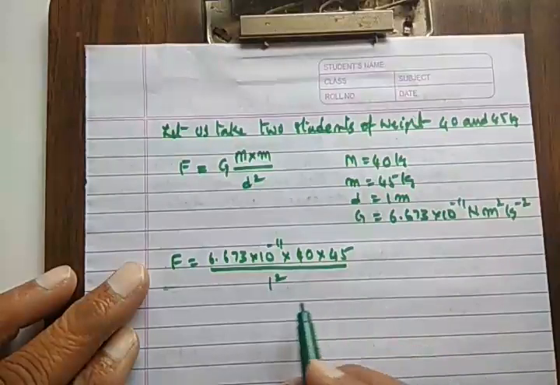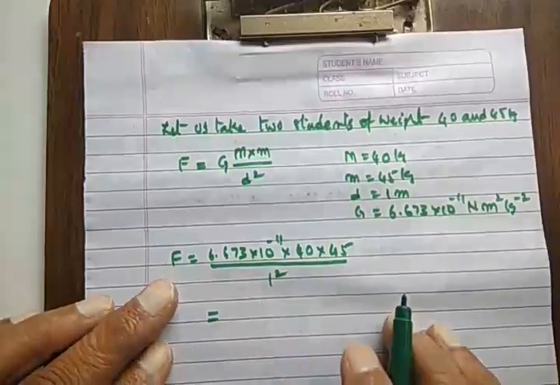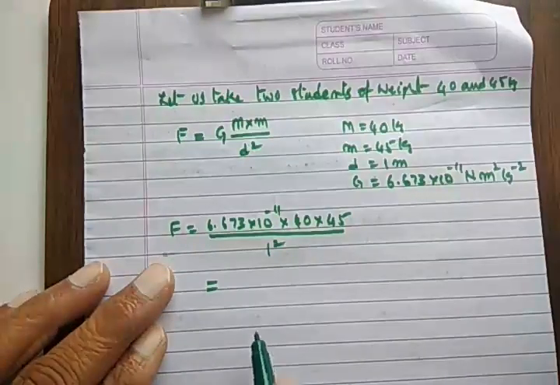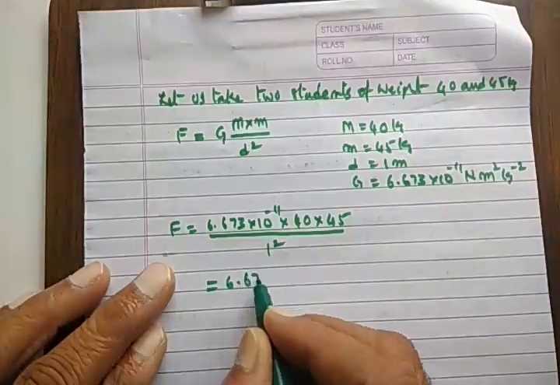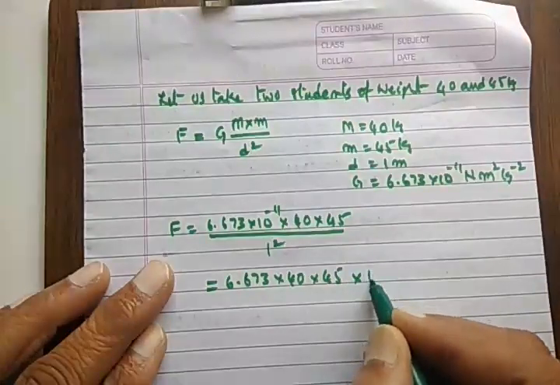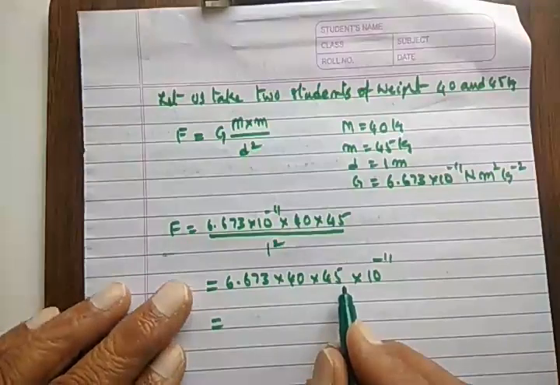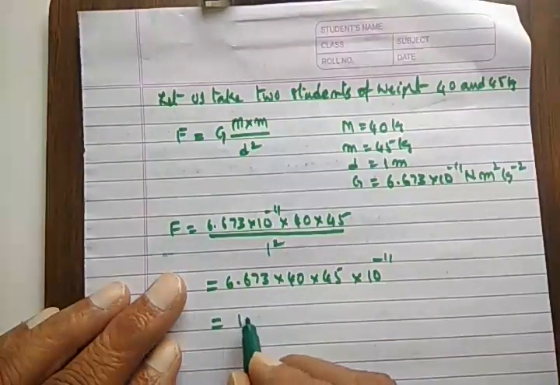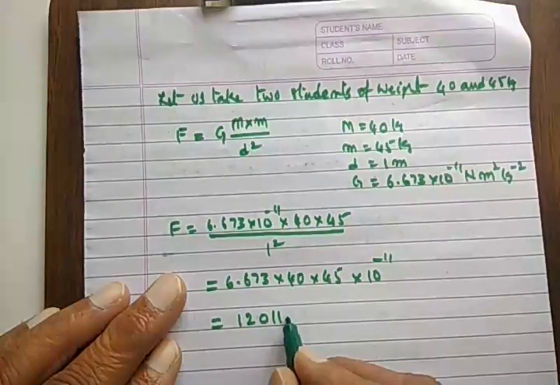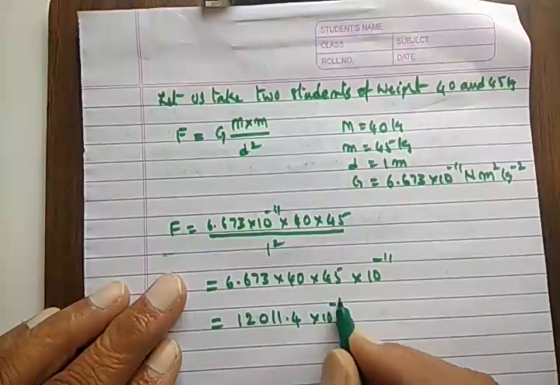It is nothing but 1 only. So you need not do the calculation, I have already done it. These three numbers, 6.673 into 40 into 45, will give you a value of 12011.4 into 10 to the power of minus 11.